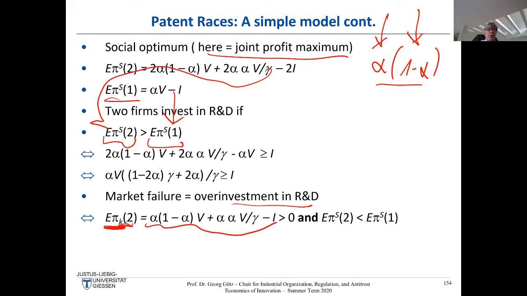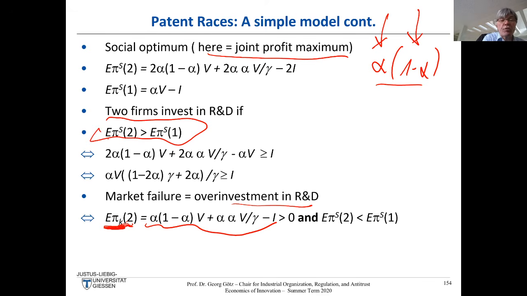That's what's written here. But the social or the headquarter perspective would only be that, and I have to erase that again here, you only set up two R&D laboratories if the profit from having two laboratories is higher than from having one.